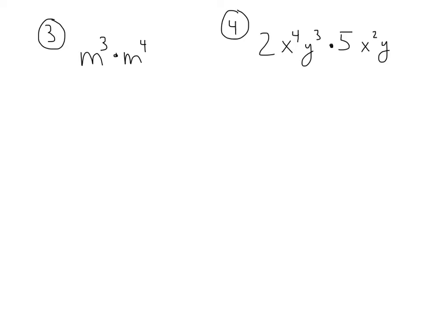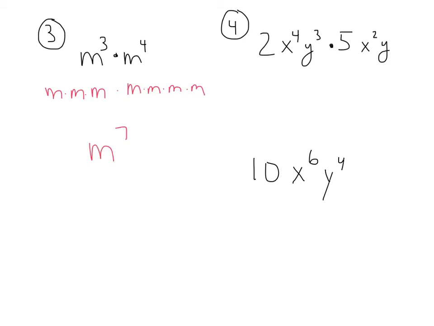Your answer for number 3 should be m to the 7th, because you have 3 factors of m times 4 factors of m. So that's m to the 7th. Number 4, your answer should be 10 x to the 6th y to the 4th. I'll show this one.